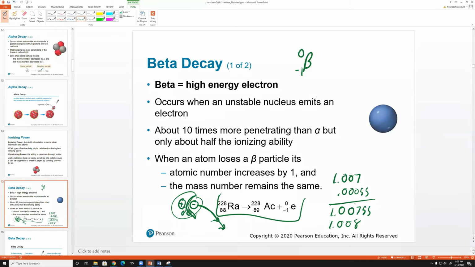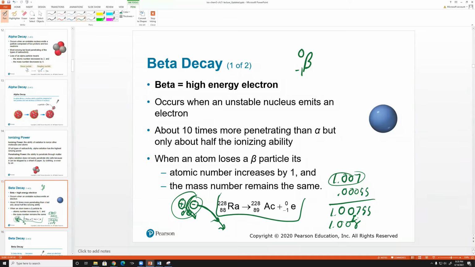So to get from a neutron, 1.008, to a proton, 1.007, because it goes from a neutron to a proton and releases the electron, there's still a gap between those. And that missing mass becomes energy and is released as energy in this process.